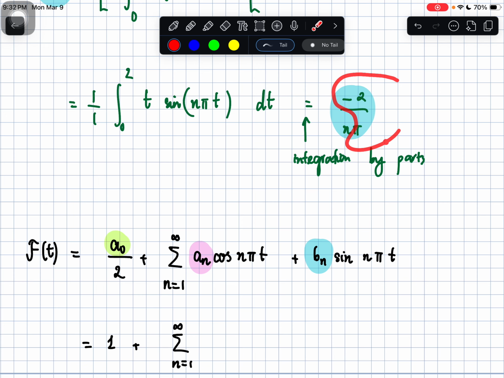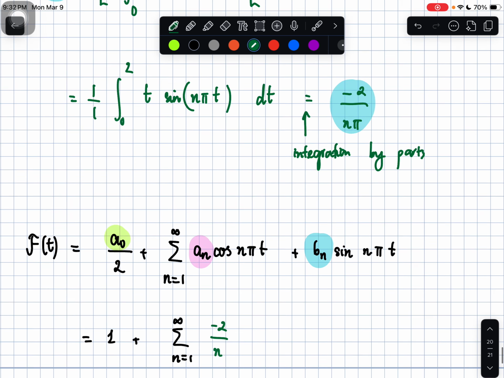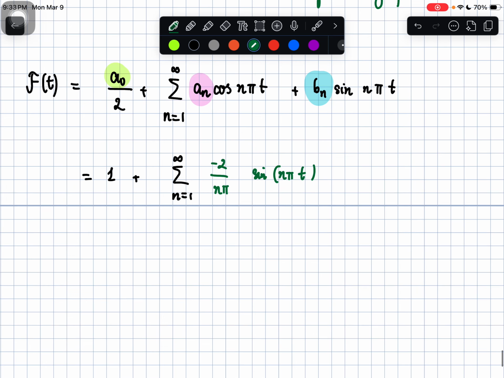I can just bring the constant out of the sum, because it is just a number, times sine(n pi t). So we get 1 minus 2 over pi times the summation of sine(n pi t) divided by n, from 1 to infinity.